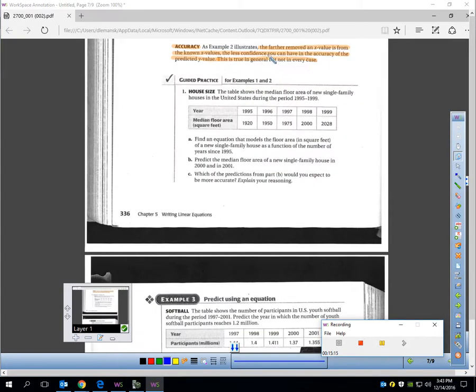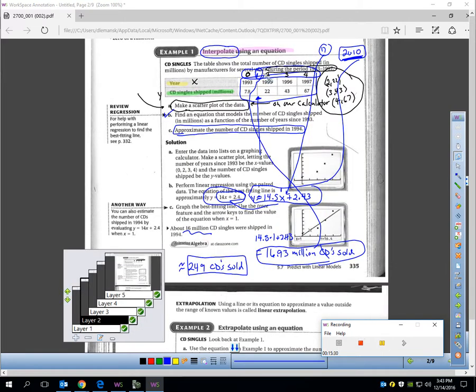It's important to understand that the farther removed an X value is from the known X values, the less confidence you can have in the accuracy of your predicted Y value. So in those prior two examples, when I estimated 1994, remember, was inside the rest of my data. So I can be, take a highlighter, I can be pretty certain that this number is fairly accurate, about 17 million. That's probably accurate because it's inside the rest of the data.